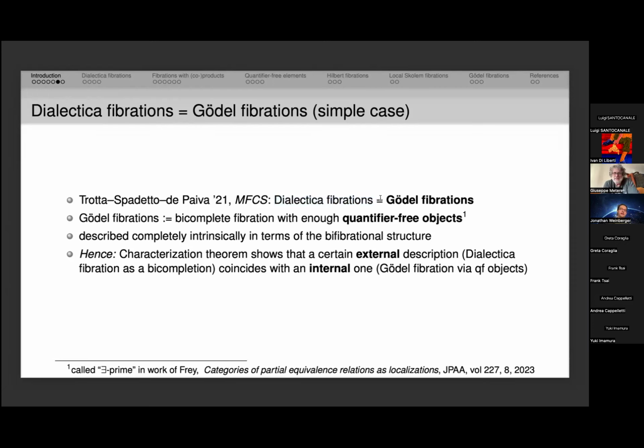And in the work that I'm talking about today, we're generalizing this work to, first of all, the dependent case, where we're talking about dependent sums and dependent products, not just Cartesian products or simple non-dependent functions.